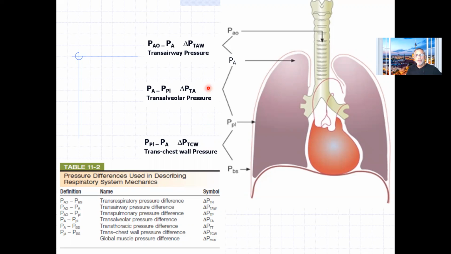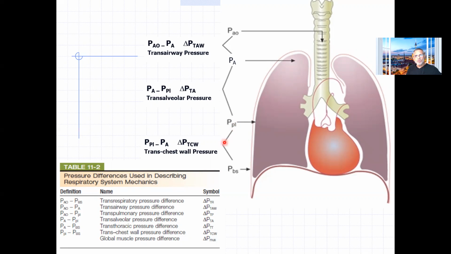Okay? And the relationship between alveolar and pleural pressure is called transalveolar pressure. So I transcribed it up here, but if we come down to the difference between alveolar and pleural pressure, we could see that it's called transalveolar pressure. And this triangle is the delta, the change in pressures via the transalveolar pressure.